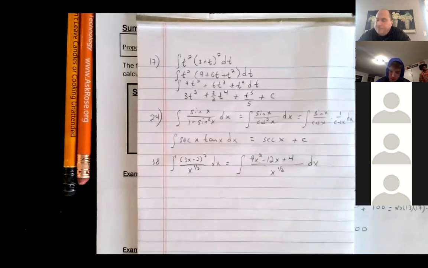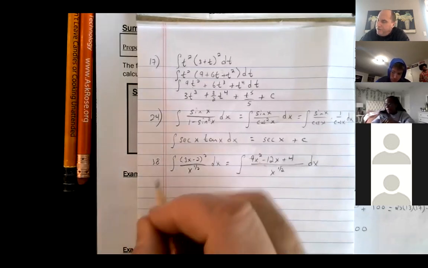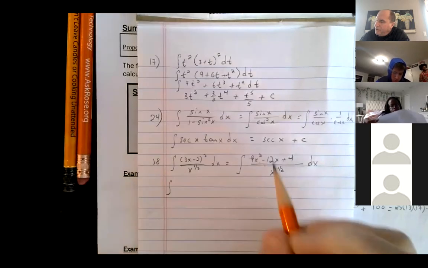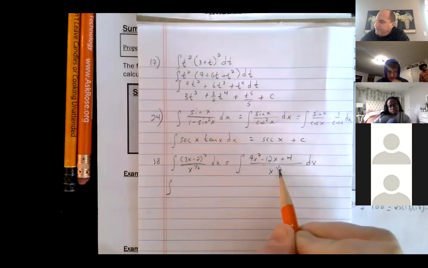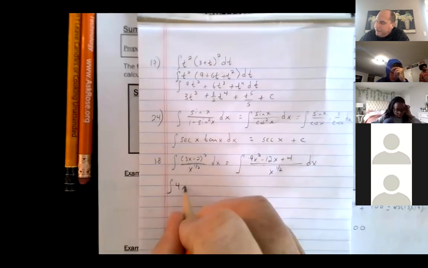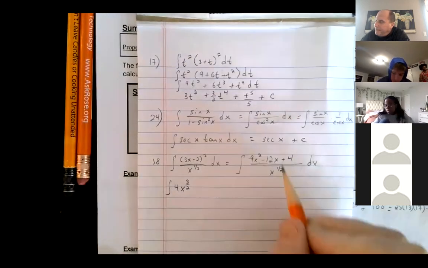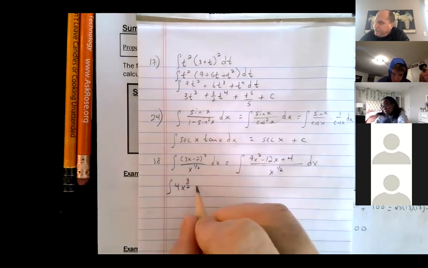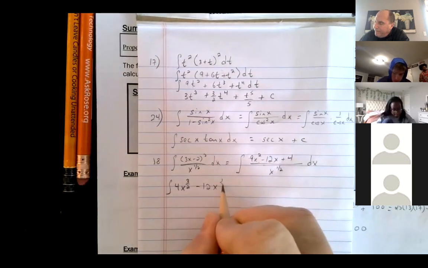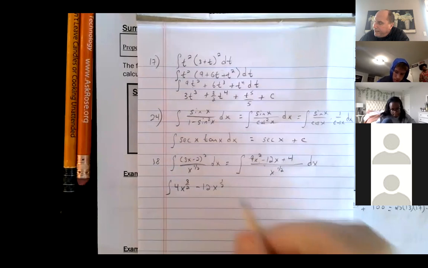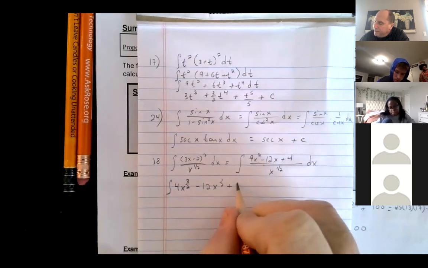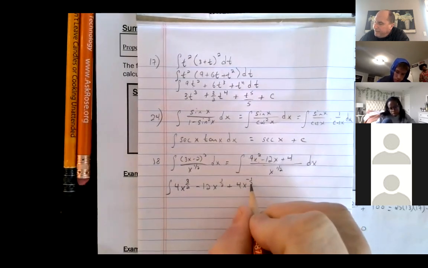When you divide powers with the same bases, we subtract the exponents. So 2 minus 1/2 is 3/2. 1 minus 1/2 is 1/2, and that'll be 4x to the negative 1/2.